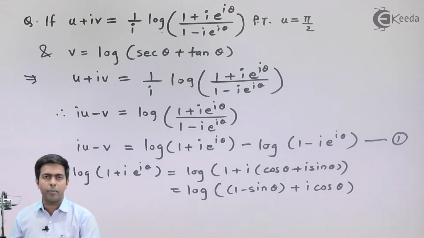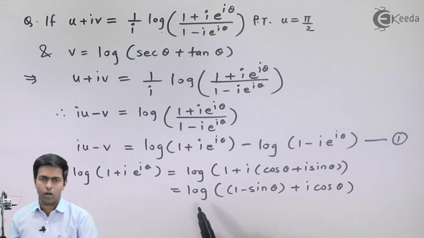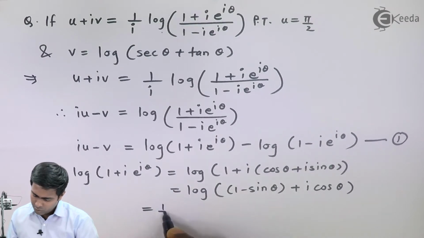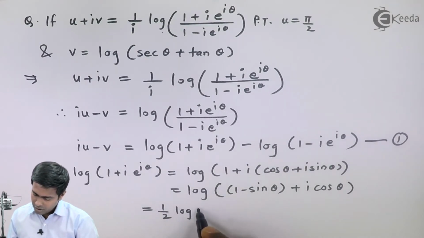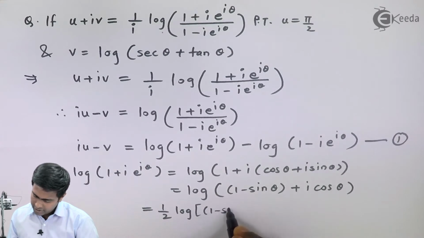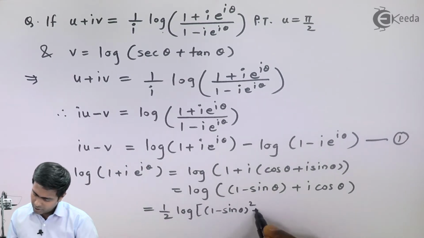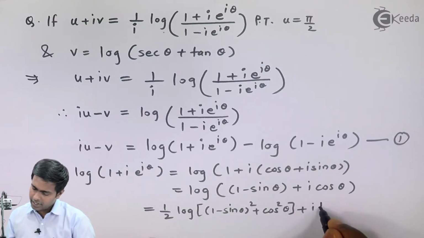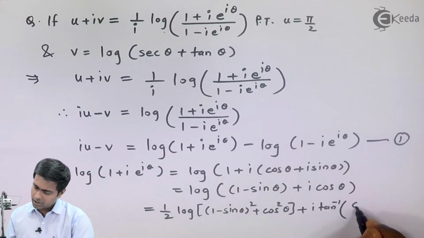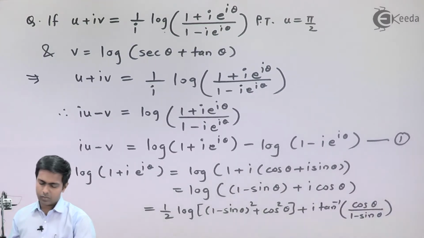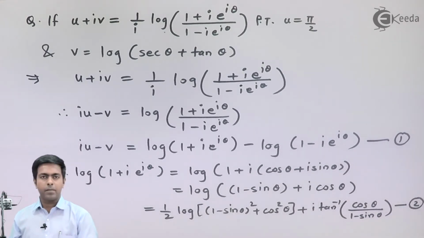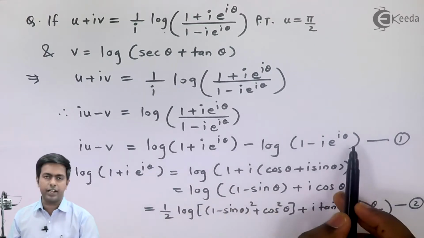So I'll apply the formula here, and the logarithm is equal to 1 by 2 log of ((1 minus sin theta) the whole square plus cos square theta) plus i tan inverse of (cos theta upon 1 minus sin theta). I'll give this as equation number 2. Now similarly I'll find the value of the second term.